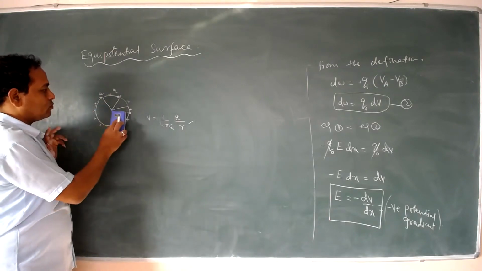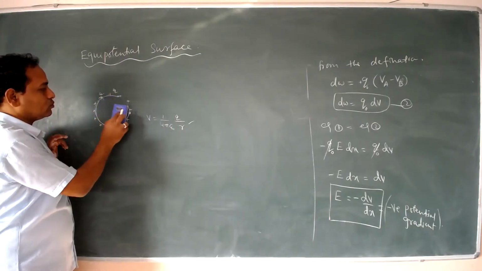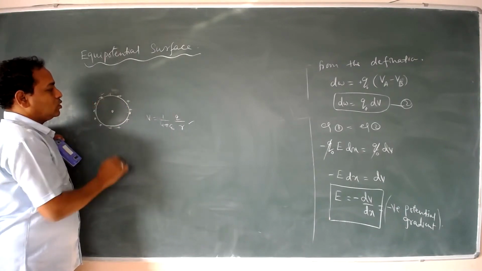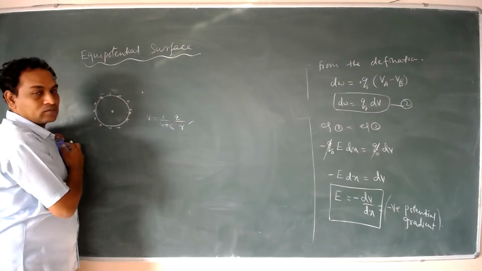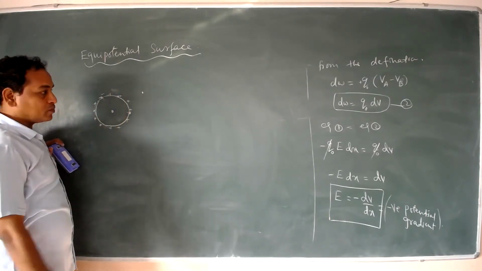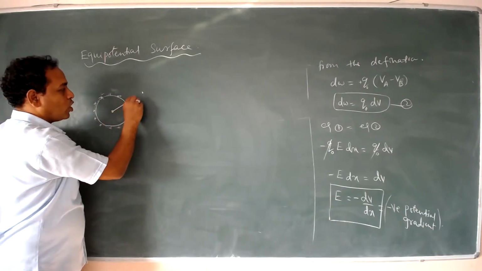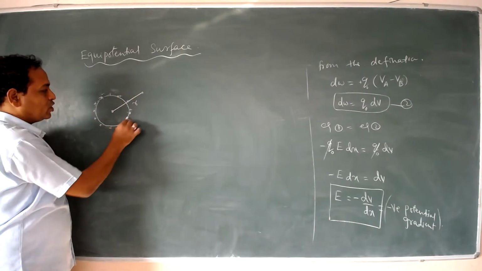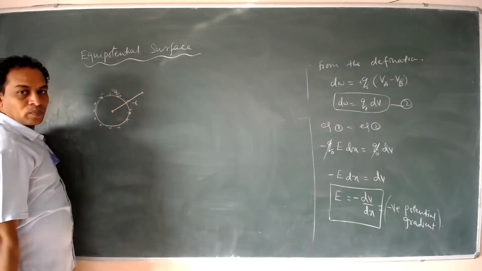Suppose you want the electric potential at this point. Suppose this is r, and the charge at this point is q.